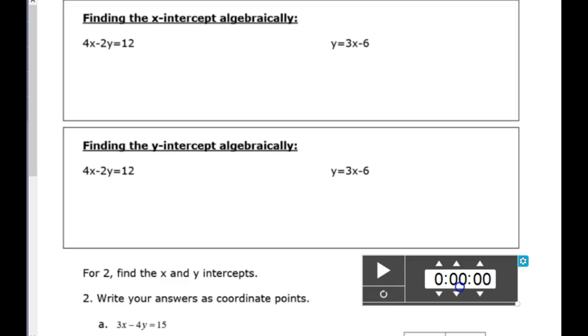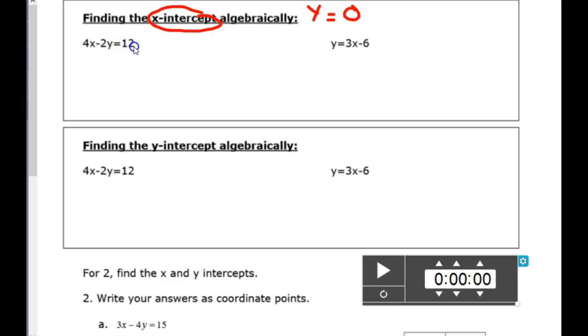Okay? Very good. So for all x-intercepts, all you got to do is take that equation and plug in 0 for the other one, which is y. And when we get down here to y-intercept, you're going to be plugging in 0 for the other one, which is x.